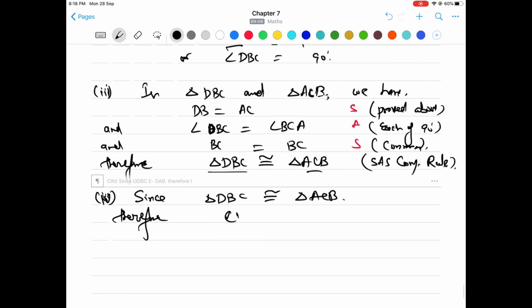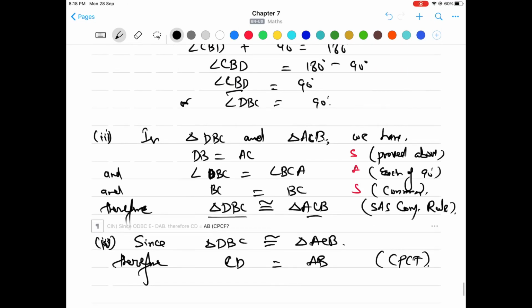So we'll have CD equal to AB. This is by CPCT, corresponding parts of congruent triangles.